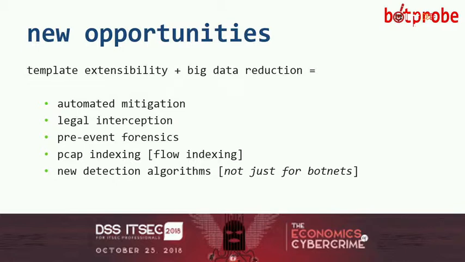Law enforcement has a requirement for service providers to provide data in certain scenarios on suspects. We could potentially do pre-event forensics. You could have an accurate summary of what your network was doing before events occur, and you could keep that longer and be more focused if something happened.